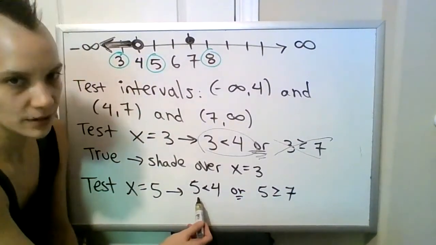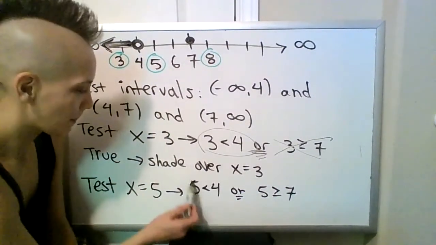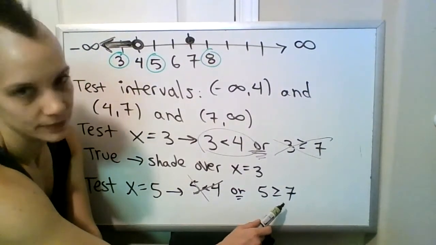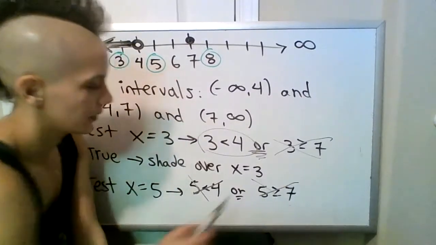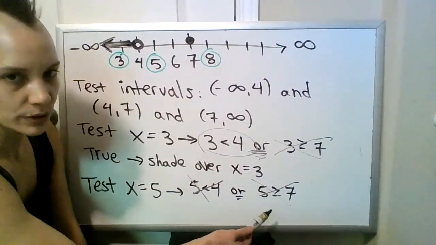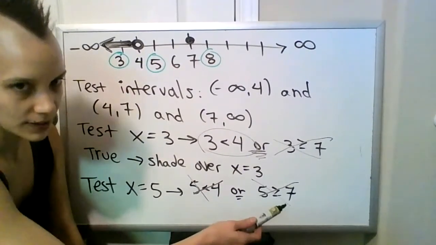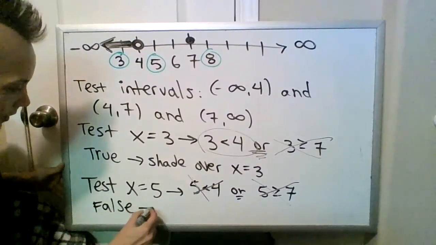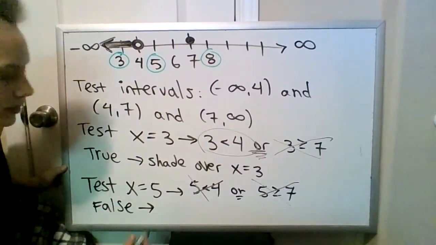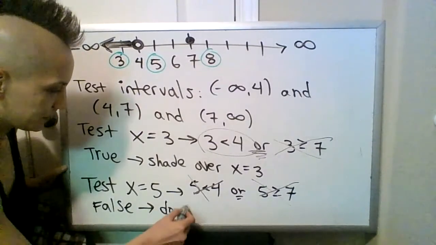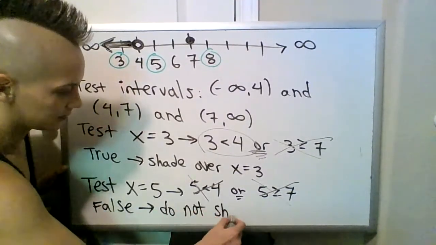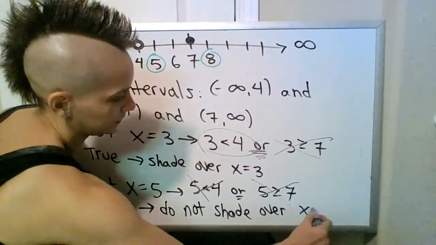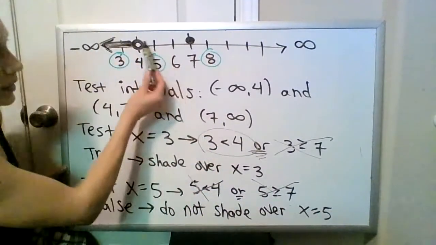Let's go here. Is 5 less than 4? Nope. Is 5 greater than or equal to 7? Neither of them were true. So this is false. So we're not going to shade over x equals 5. So this part here is blank.